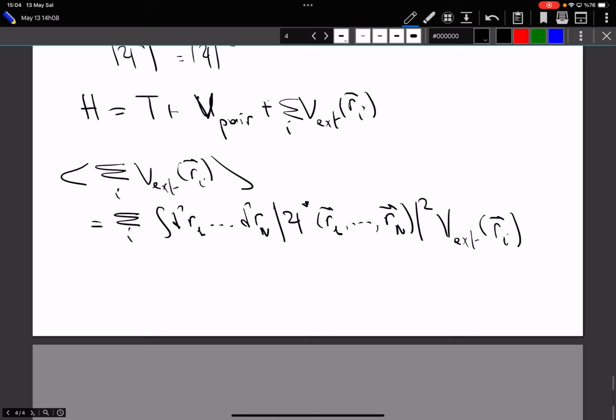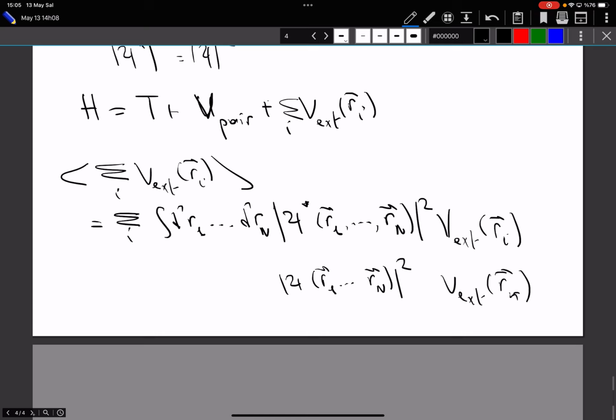Let me just rename all the positions. Let's say that for i equal to 5, here I have the external of R5. Here I have psi star R1, psi R1, ... Rn, squared.